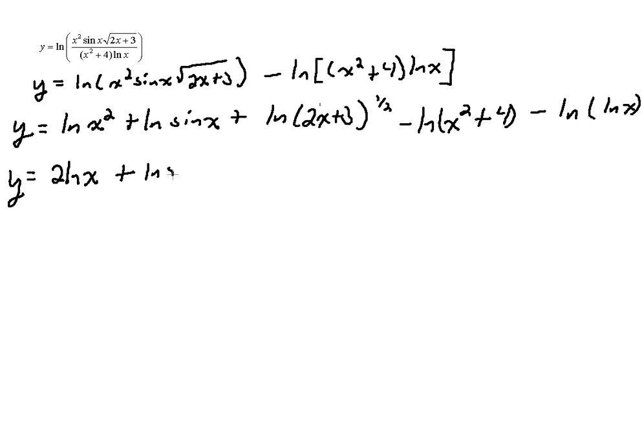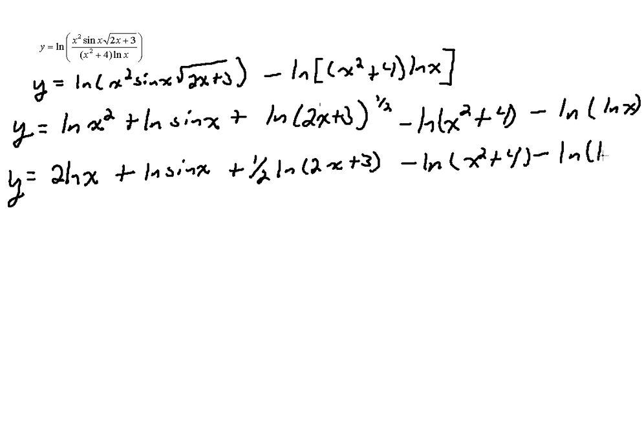Here we can bring that power of 1/2 down in front, and we have 1/2 times the ln of 2x plus 3. And then here we can't really do anything. Plus 4, minus ln of the ln of x. And now we're pretty much ready to take the derivative.